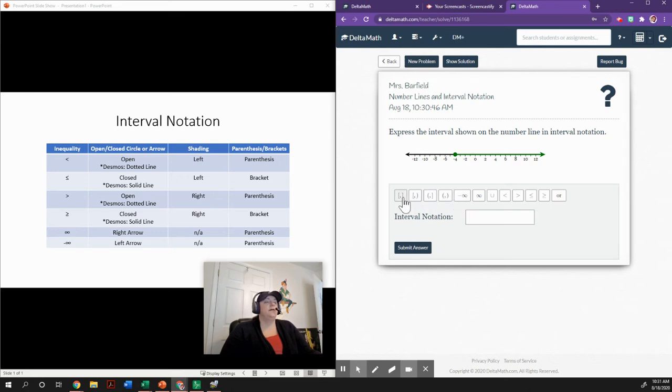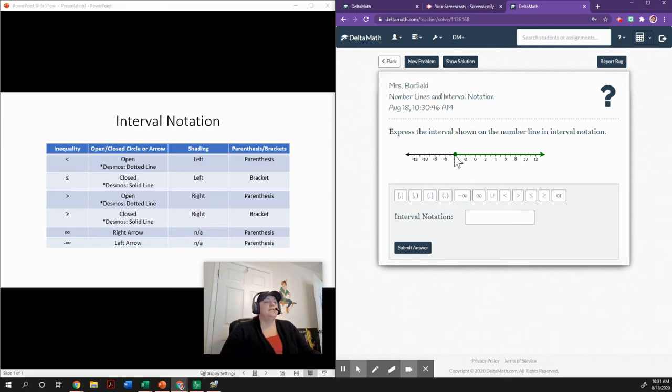All right, so I know that I'm starting here at -4 and I'm going off to forever. So that is infinity. I'm starting at -4, going off to infinity. Now I have to decide which of these brackets I'm doing.